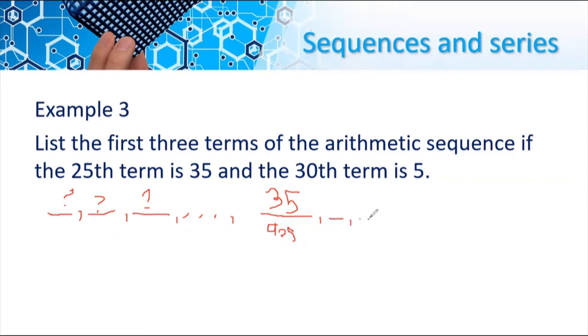Ang sumunod na ibinigay ay A sub 30, yung pang 30 na term. Yun daw ay 5. So ang tinatanong, ano yung first term, A sub 1, ano yung A sub 2, at yung A sub 3. Ayan, parang ganyan yung magiging sequence. Okay?